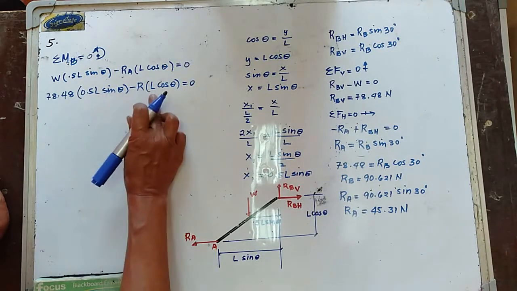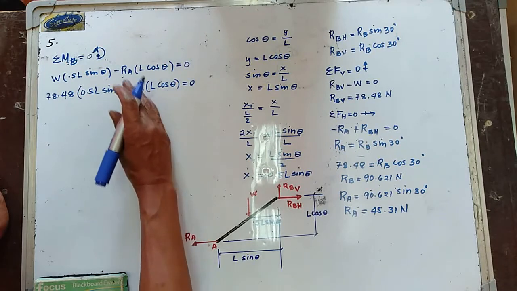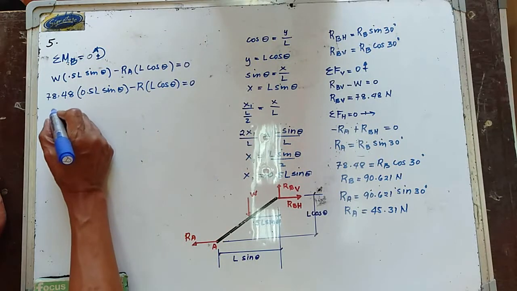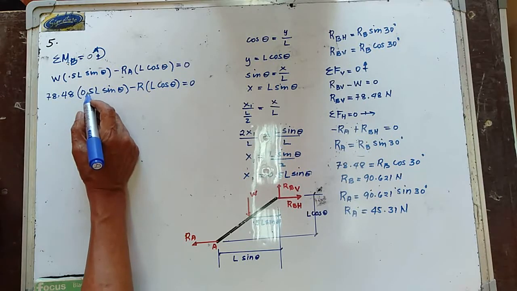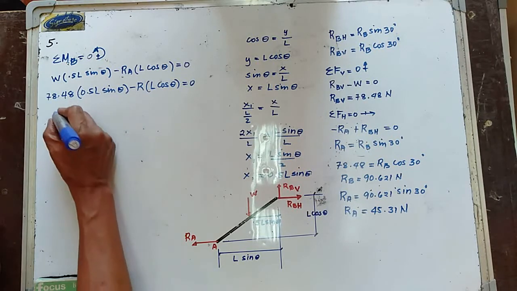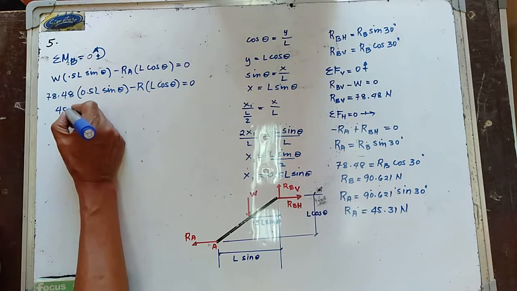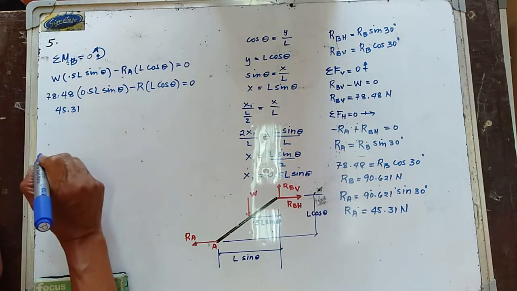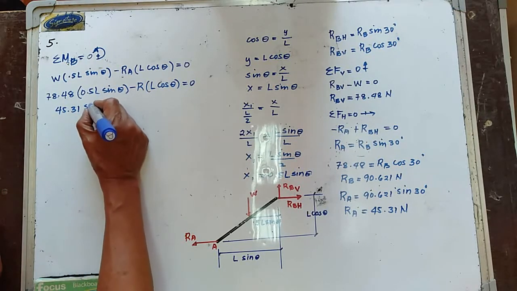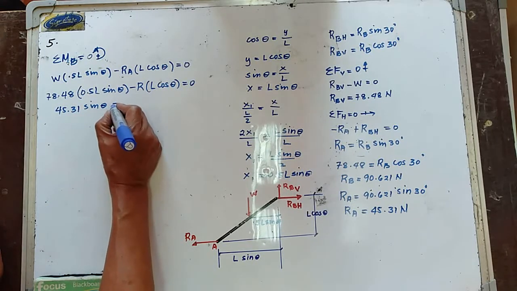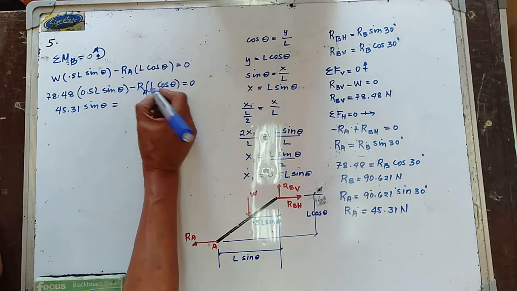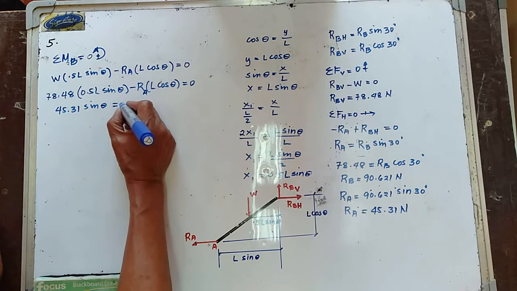So your L will cancel out if you transpose this to the other side of the equation. So this is 78.48 by 0.5 sine of theta, and this is therefore equal to RA cosine of theta.